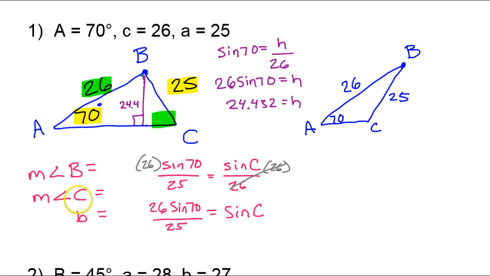But of course I want the measure of angle C itself. If you have the sine of an angle but you want the angle itself, then you need to do the inverse sine. So if I do the inverse sine of 26 sine 70 over 25, that's going to give me the measure of angle C.